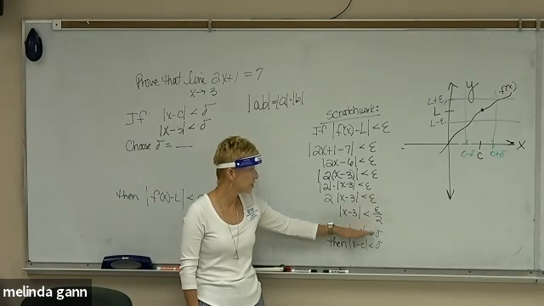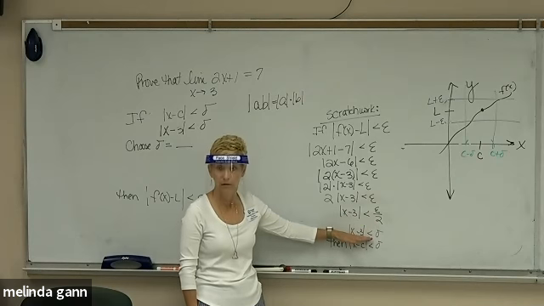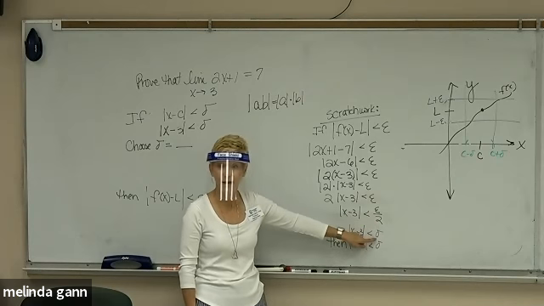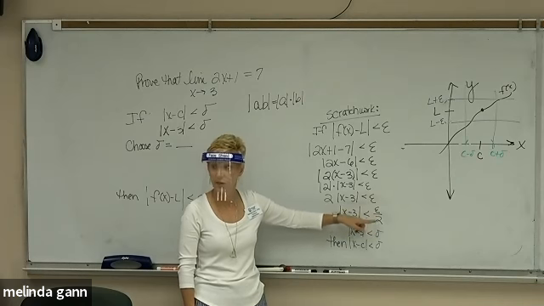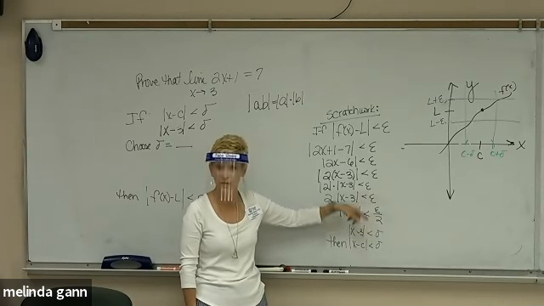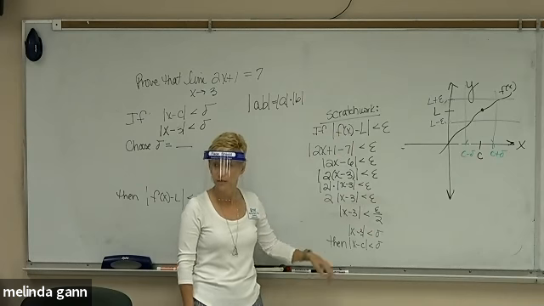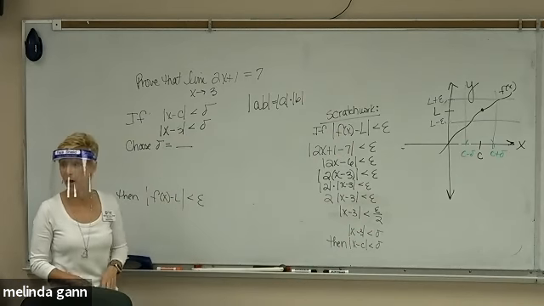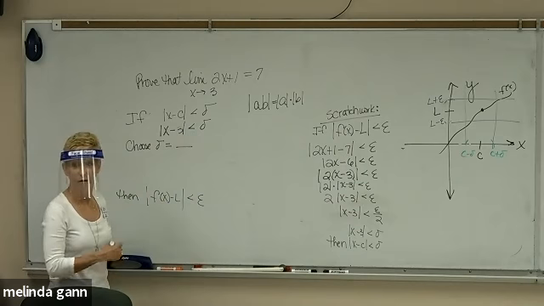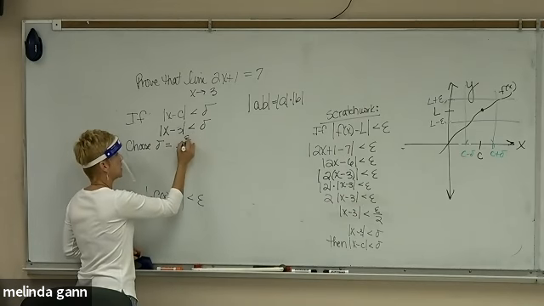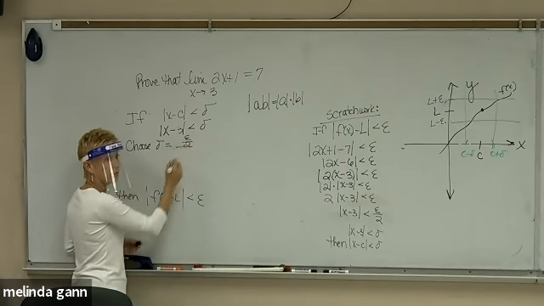When are these two going to be identical? If delta's what? Epsilon over 2. As long as delta's epsilon over 2, this works, right? So guess what I'm going to choose delta to be over here? Epsilon over what? 2.